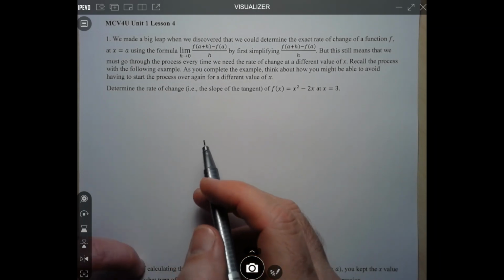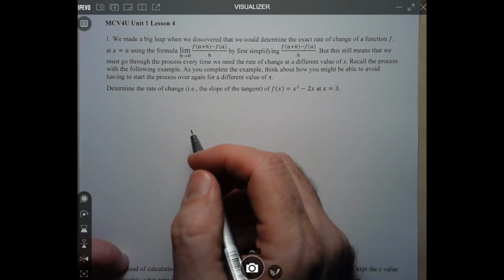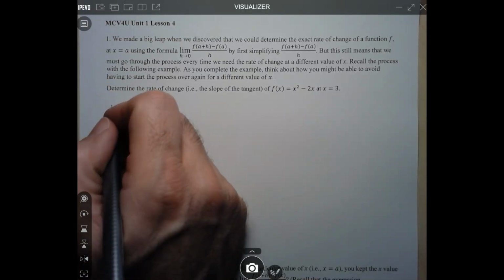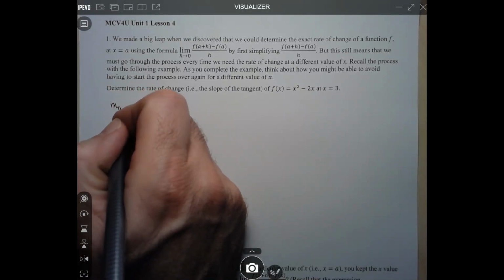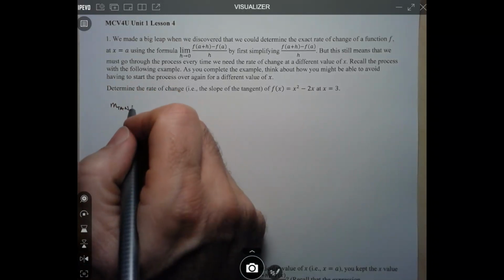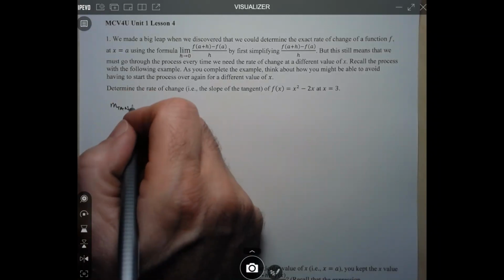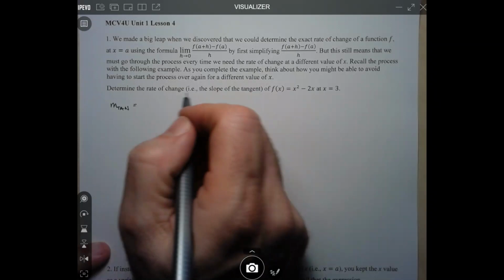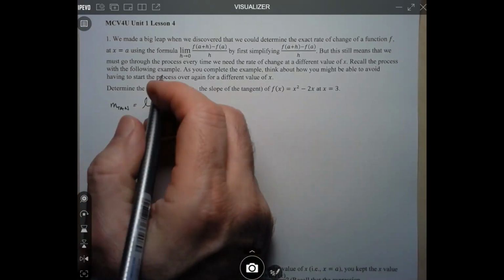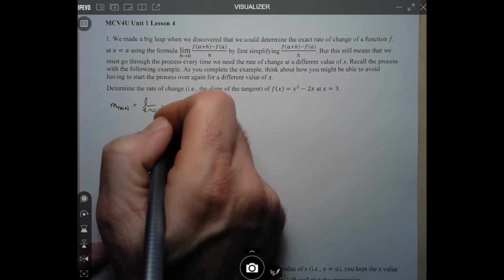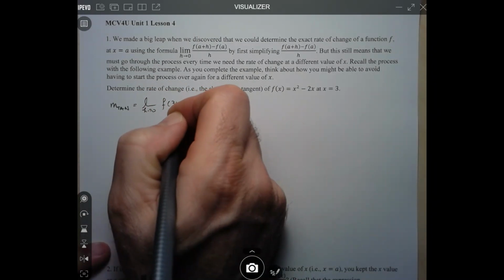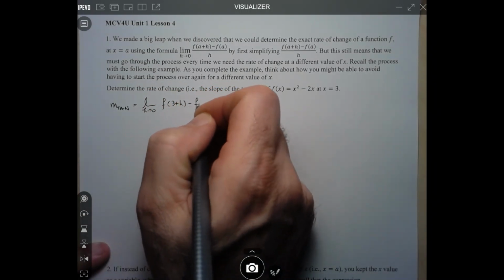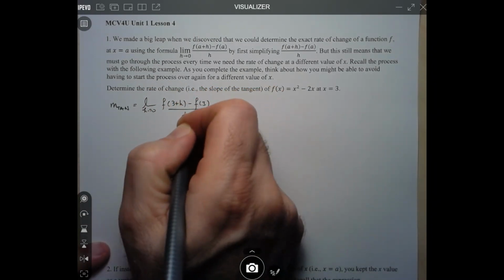Okay, folks, we're back. I'm just going to solve this problem and see if, in solving it, I can figure out a way to avoid having to do all this manipulation each time. If I'm looking for the slope of the tangent at x equals 3, I'm going to be taking the limit as h approaches 0 of f of 3 plus h minus f of 3, all over h.